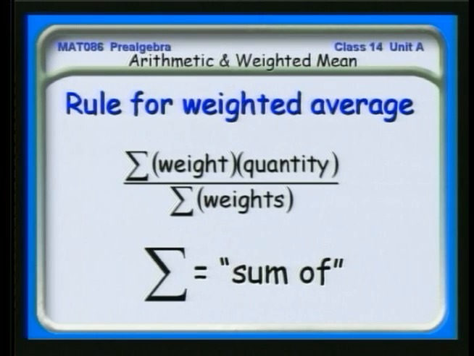That's the Greek letter sigma, and it's used in mathematics to mean add things up. Here we're using it to take the sum of the weight times the quantity divided by the sum of the weights. When you see that funny symbol, all it means is add up the things in the list. Take the sum of the things.